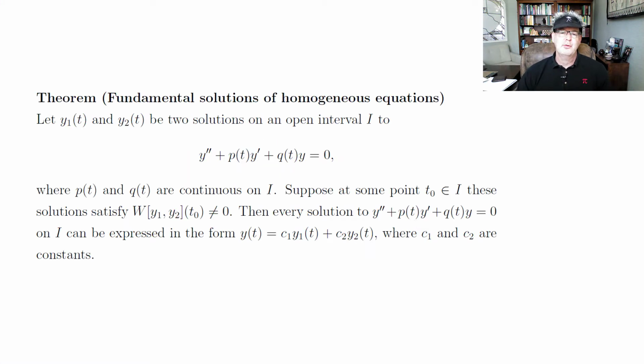Using the Wronskian, we have this nice result that if we have two solutions to a linear homogeneous second-order differential equation, and if the Wronskian of those two solutions is not zero, then those two solutions span the solution set. In other words, any other solution must be just some linear combination of those two functions. So that's a nice result.